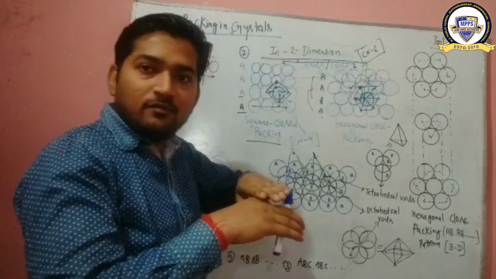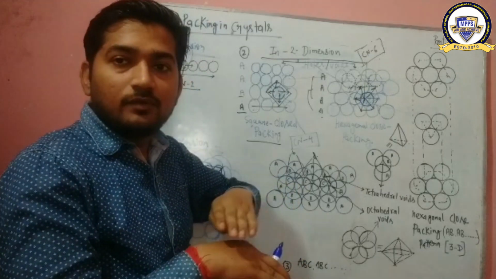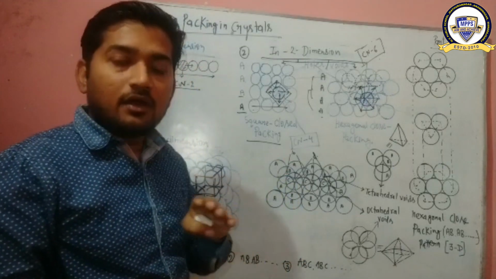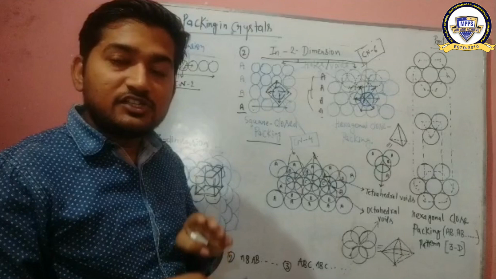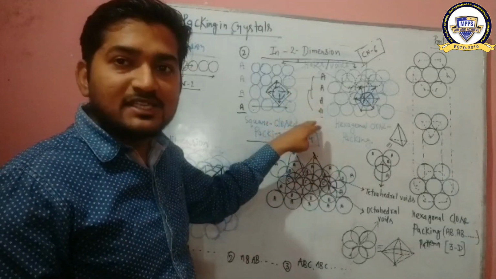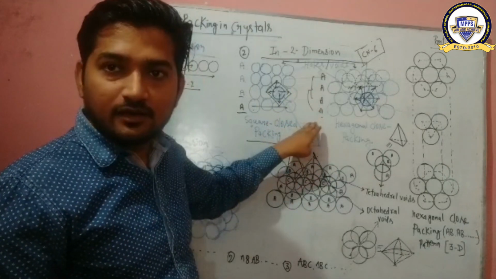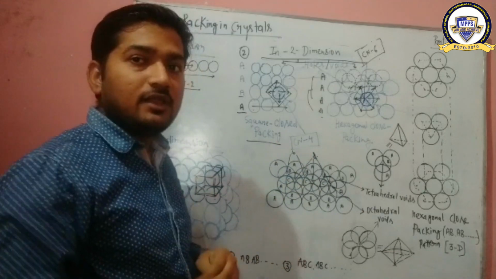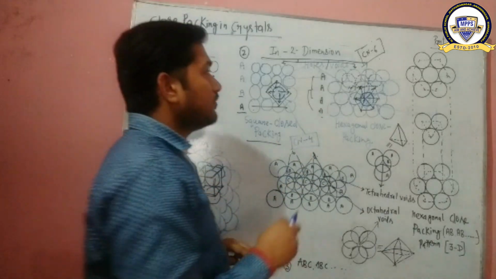So when we put another ball, the another ball arrangement is different from the base one, that means your first A layer. How can this be possible? They must be arranged in a definite order.